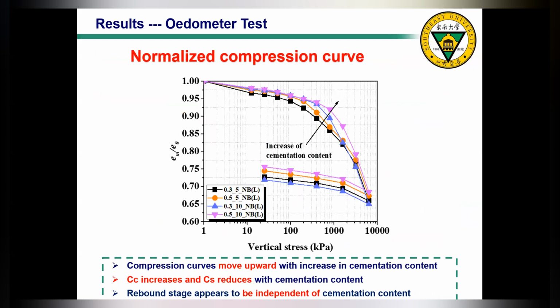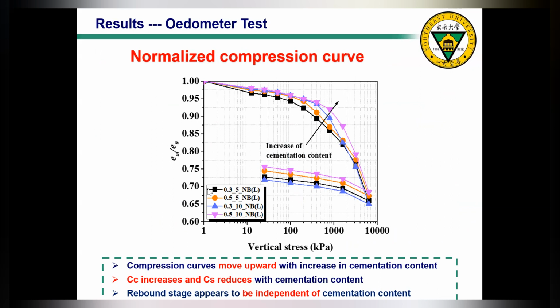Okay, so finally, it's the oedometer test, or one-dimensional compression test. From this test, we can obtain the compression curve. Because the soil samples have slightly different initial void ratios, we perform a normalization. So the vertical axis is the normalized void ratio, and the horizontal axis is the vertical stress.